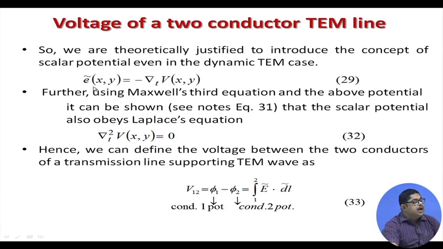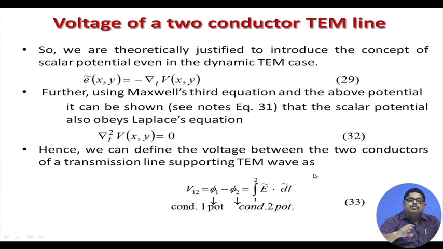So now we will write E_xy as this, equation 29 again. Further, using Maxwell's third equation and the above potential, these are mathematical details, this also obeys Laplace equation. Hence, once anything obeys Laplace equation, we can write it as so.